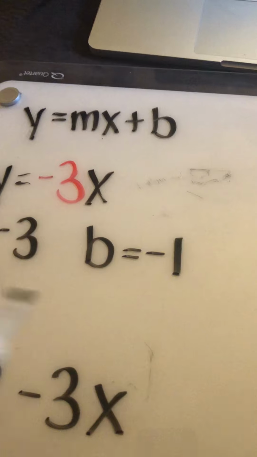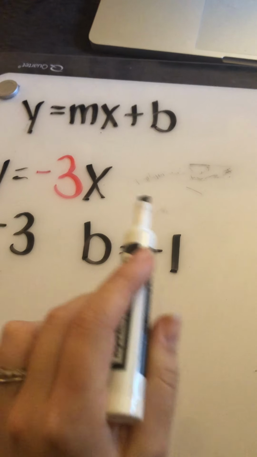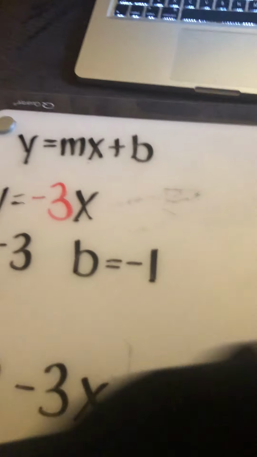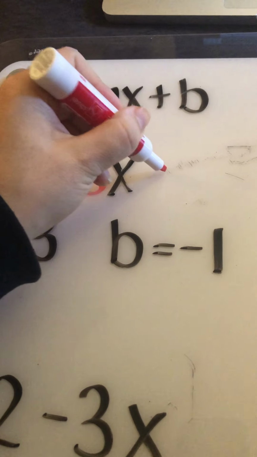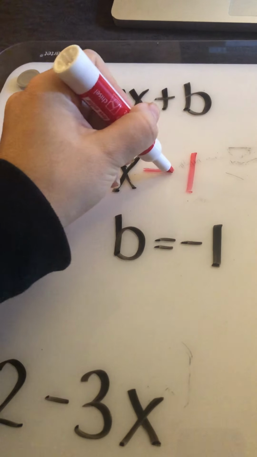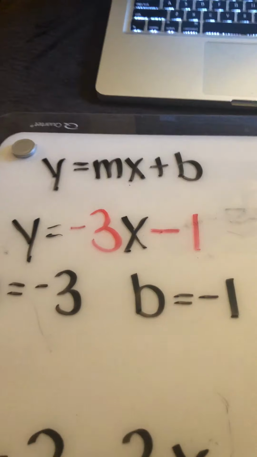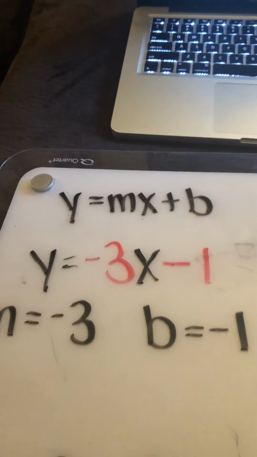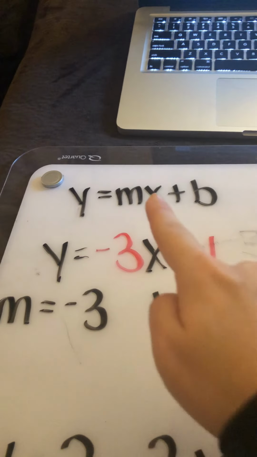And then since my b is negative, I'm not going to write plus negative 1, because remember, we don't like double negatives. We would just make that negative 1 or minus 1, like that.